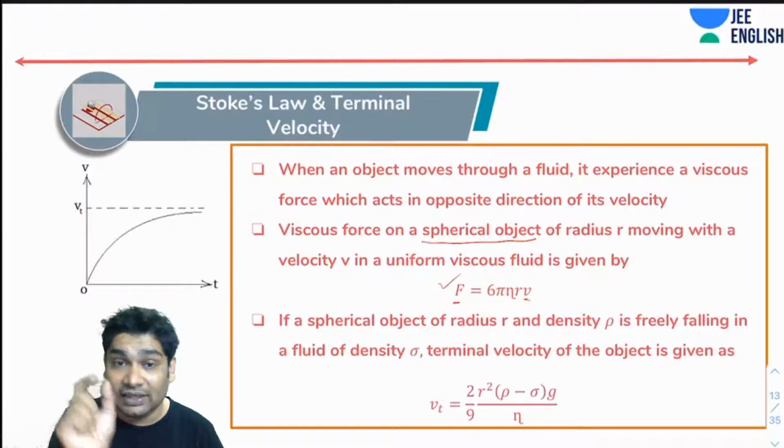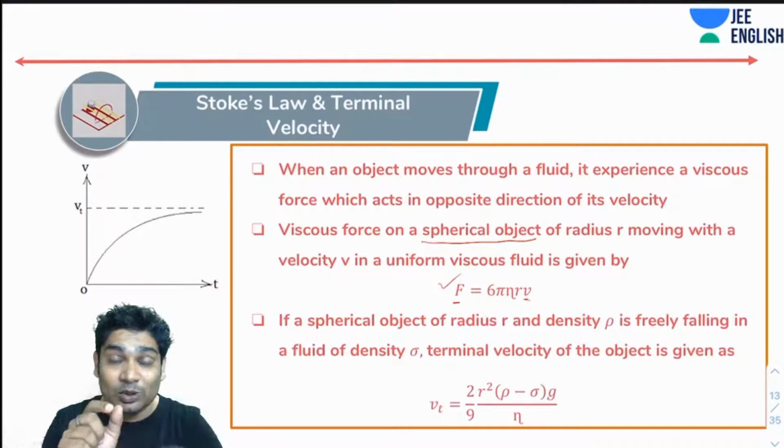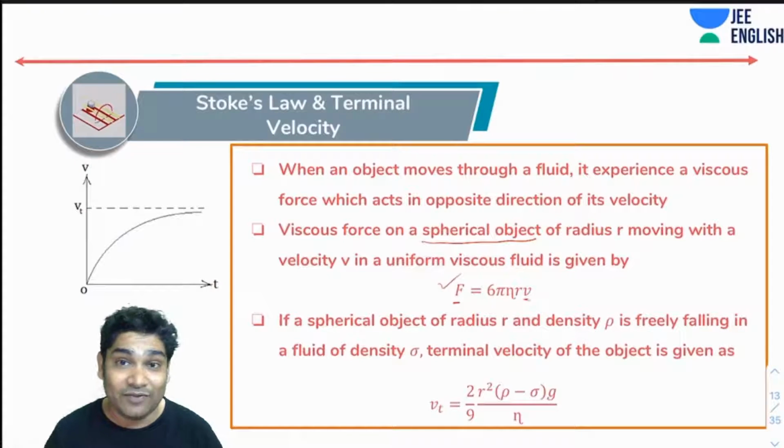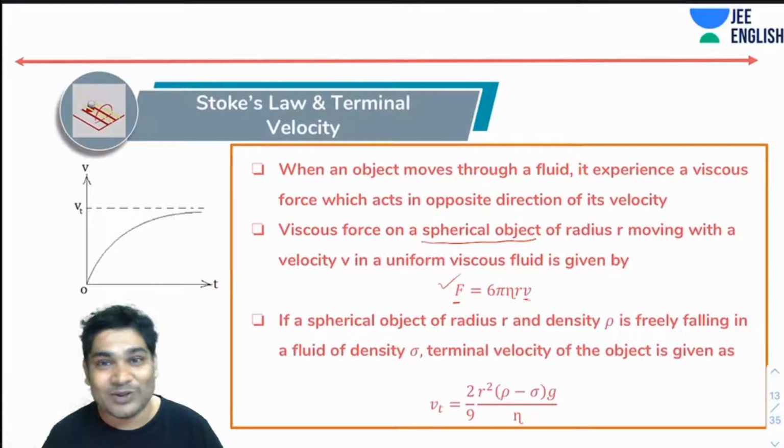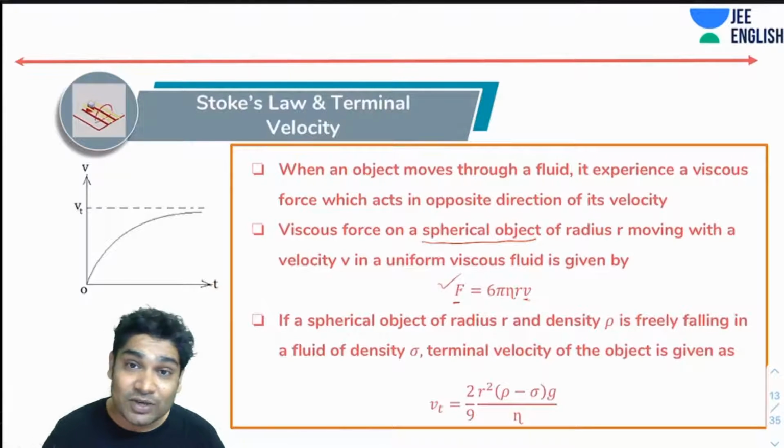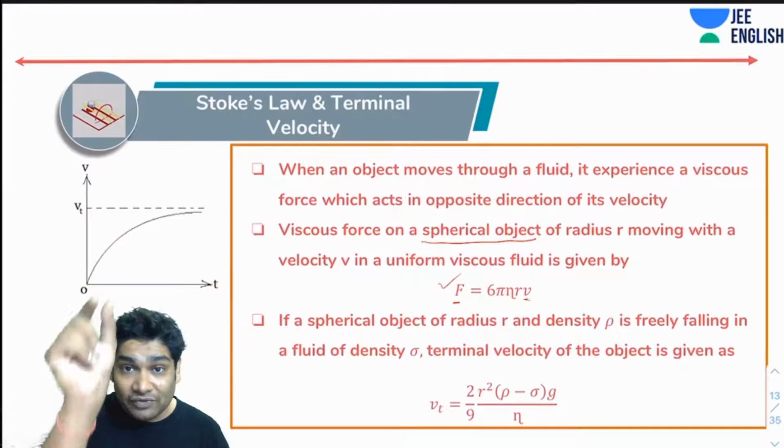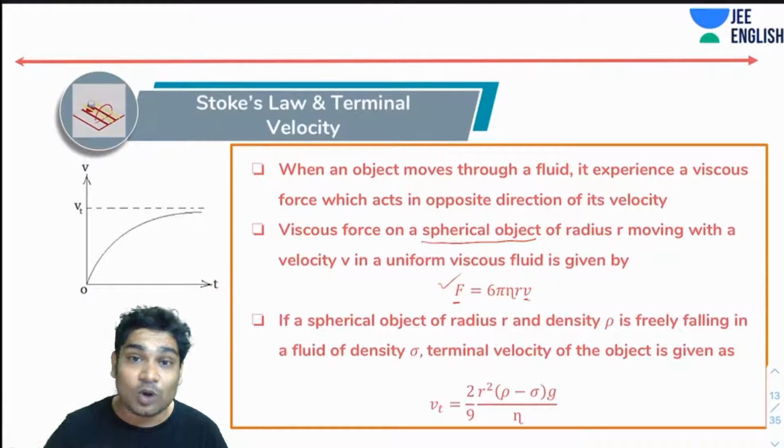There will come a point when the viscous force equals the net force causing the acceleration, which is gravitational minus the buoyant force. Finally, when such a situation is achieved, the object moves with a constant velocity, which is called the terminal velocity.